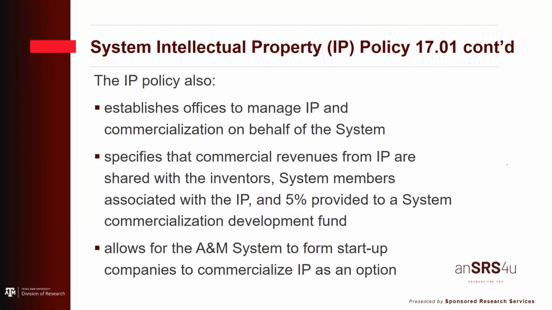The basic one is for patents: 37.5% of money we get in goes to the IP creators, 57.5% goes to the members, and 5% goes to the commercialization fund, which is used to help further new development. For copyrights, it's 40% to IP creators, 55% to the members, and 5% to the fund. Patent expenses come off first, then the remaining part is shared this way.